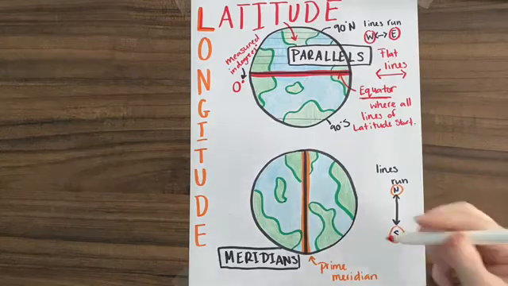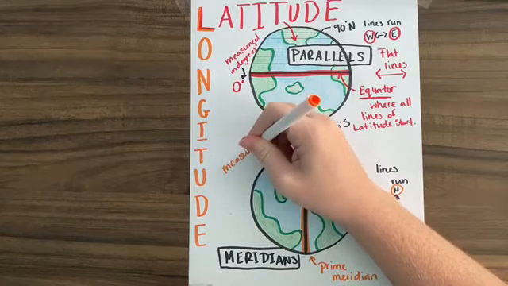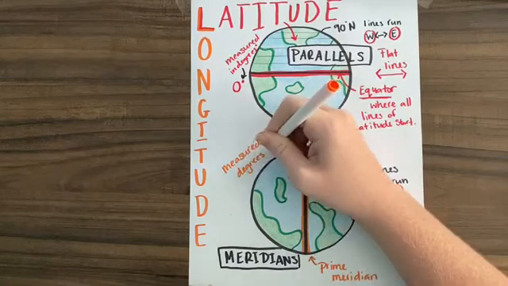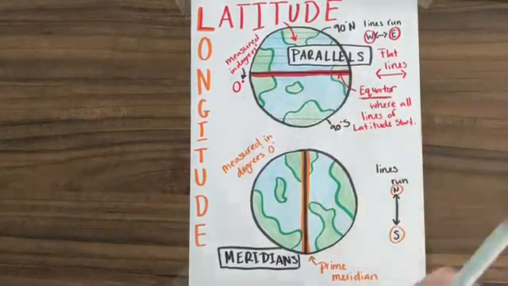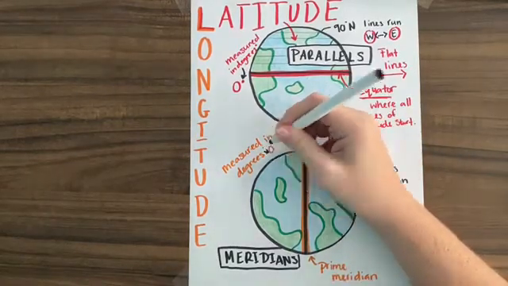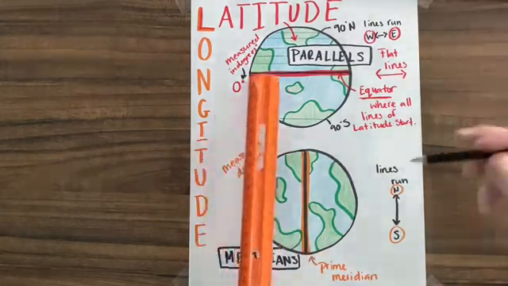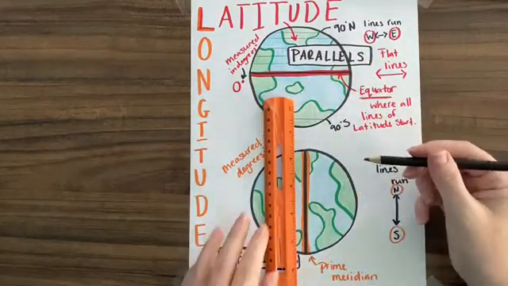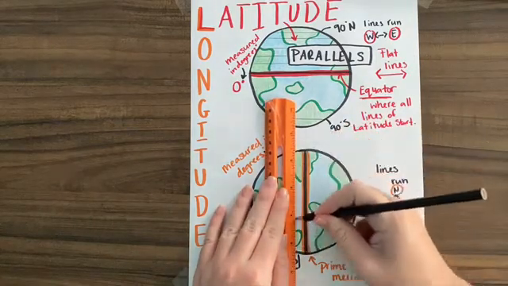So, just like last time, these are measured in degrees. Last time, the lines went west and east. This time, our lines are going to go up and down.